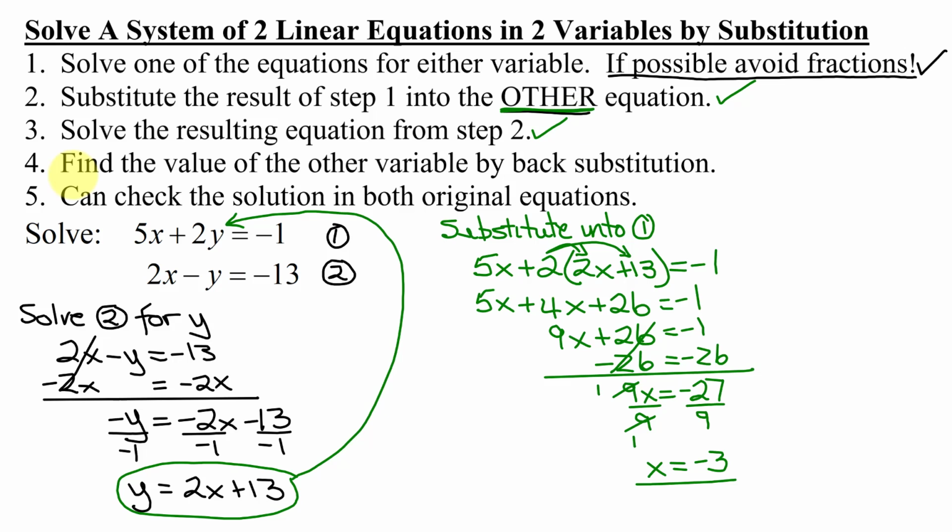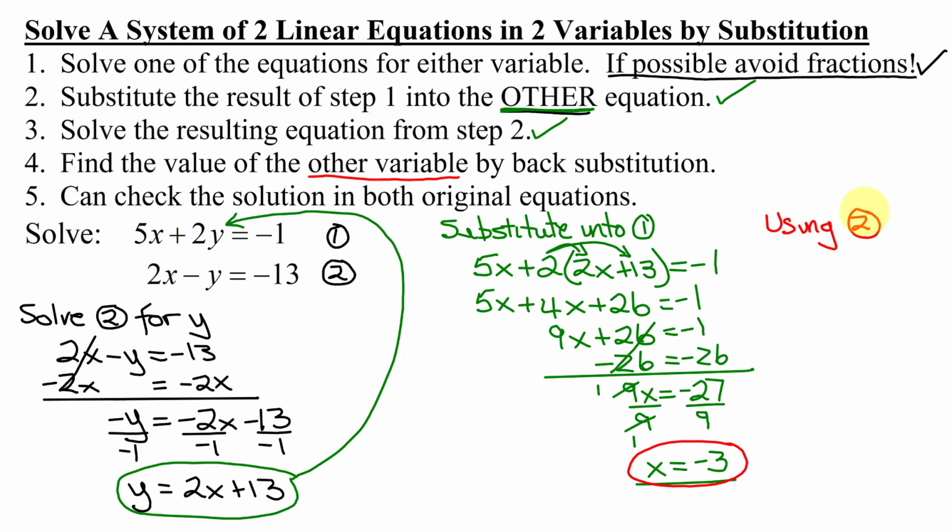Now in step 4, I need to find the value of the other variable by back substitution. So that means I'm going to take x equals -3 and plug it either into equation 1 or equation 2. It doesn't matter which one. I'm going to use equation 2 since the numbers are slightly smaller.